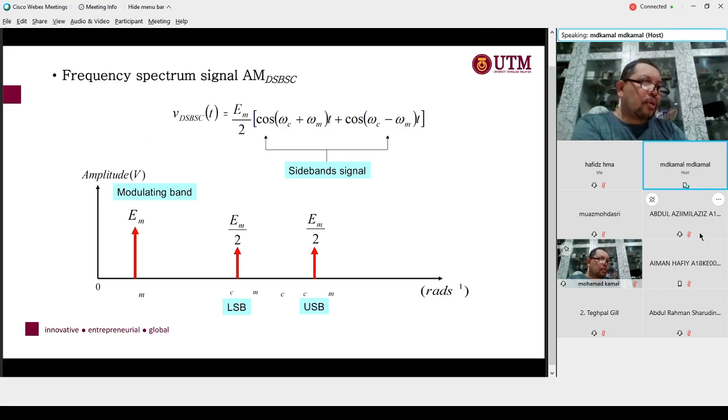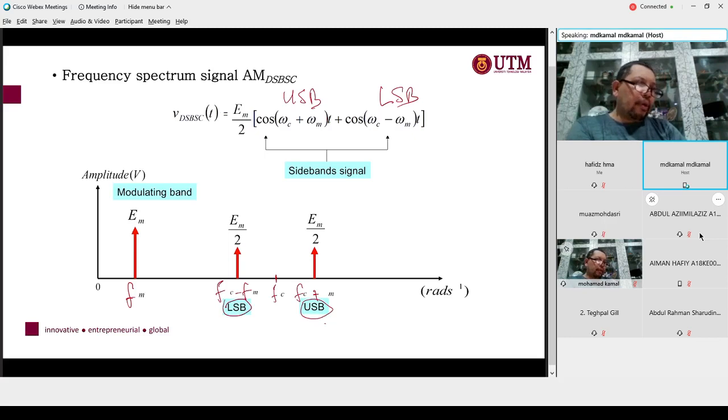You can see that you have the upper sideband and the lower sideband. This is f_c minus f_m, this is f_c, and this is f_c plus f_m. This one is the upper sideband and this one is the lower sideband.